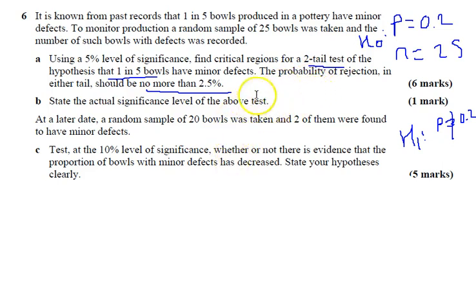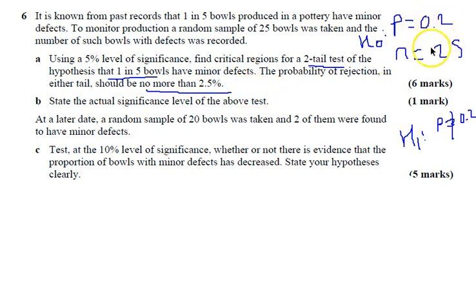If they tell us we've got an amount and ask us, 7 bowls had minor defects, does that confirm or deny, rather than asking for what the critical values are, then we could use the calculator and compare the percentages. But this way around, it's much easier to use the table.